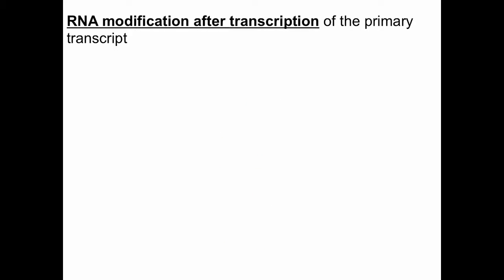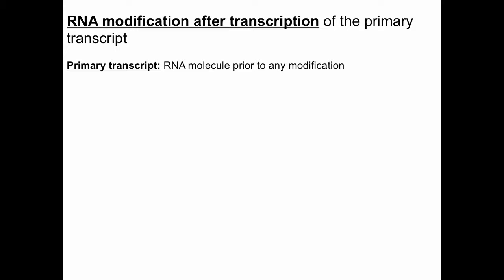Okay, so now we're going to talk about RNA modification after transcription of the primary transcript. Remember, the primary transcript is the initial RNA molecule transcribed by the transcriptional machinery, and it is not the final mRNA transcript that will be translated in the cytoplasm of the cell. So it has to undergo different modifications.